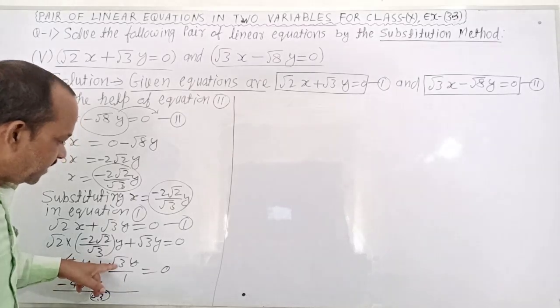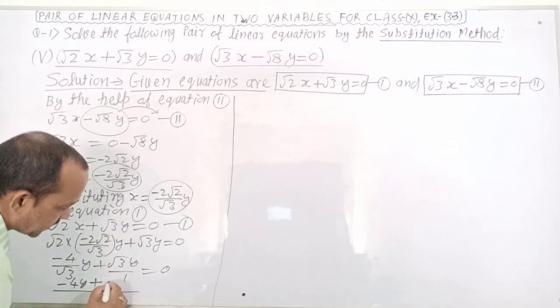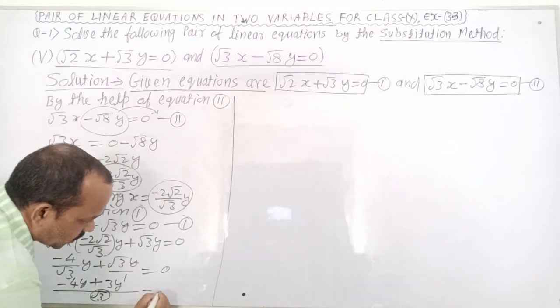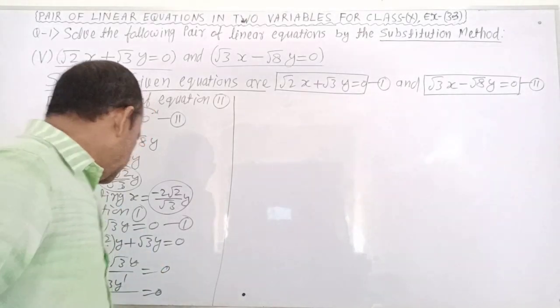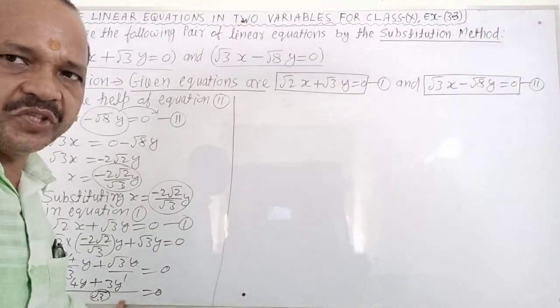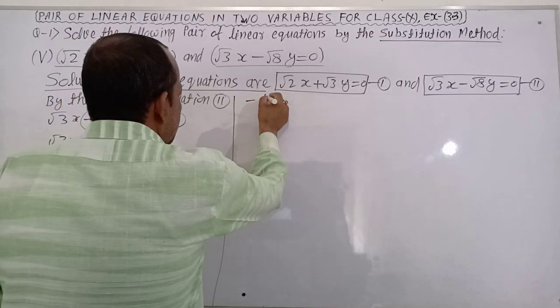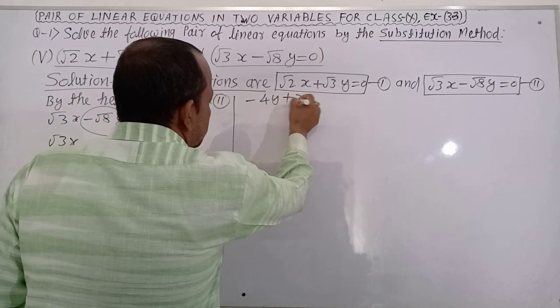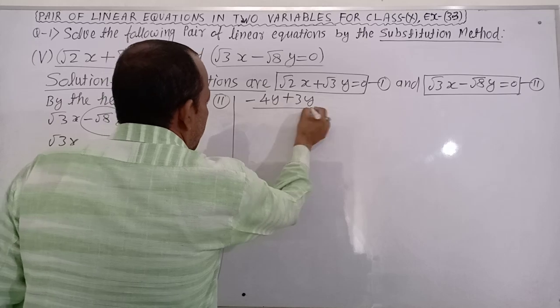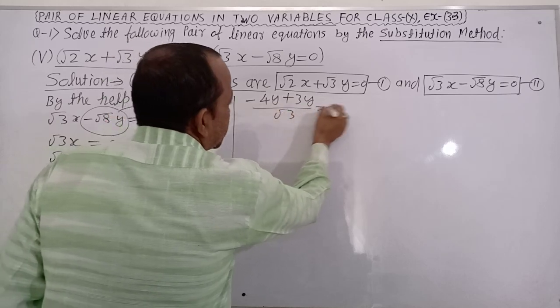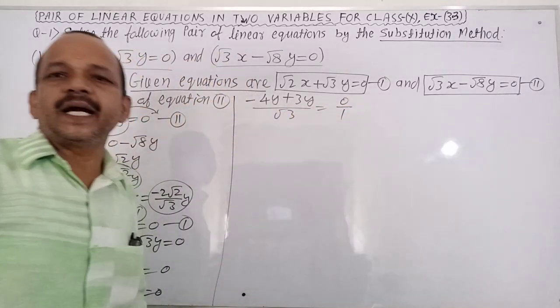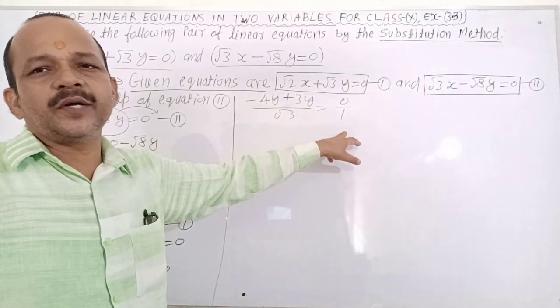Root 3 multiply root 3 becomes 3y. 3y equal to 0. It is clear? No confusion about it? Very good. Here minus 4y plus 3y upon root 3 equal to 0. You can write it as 0 by 1.